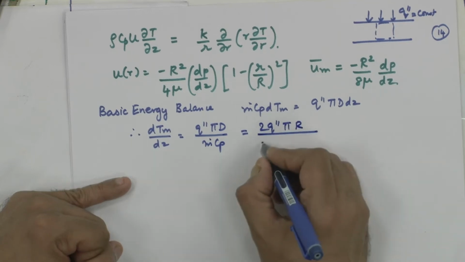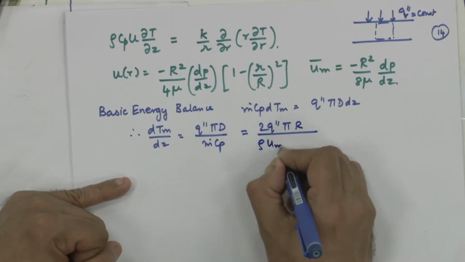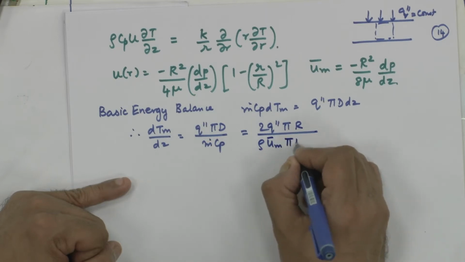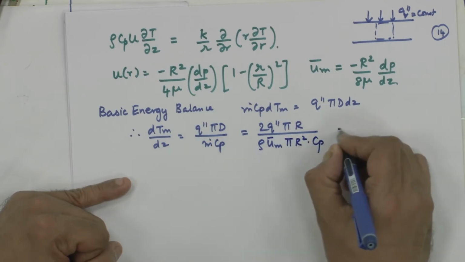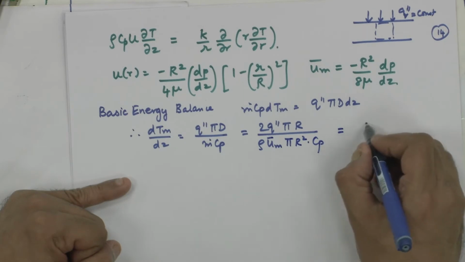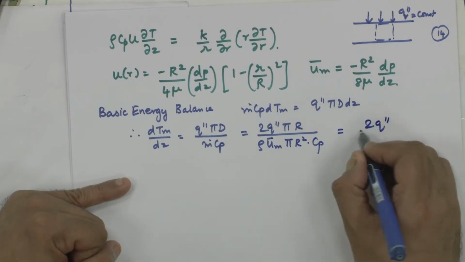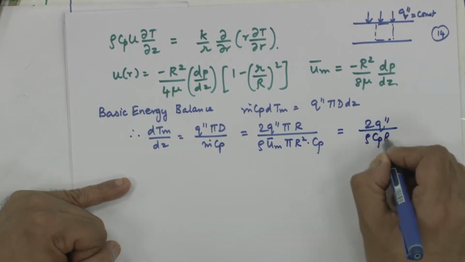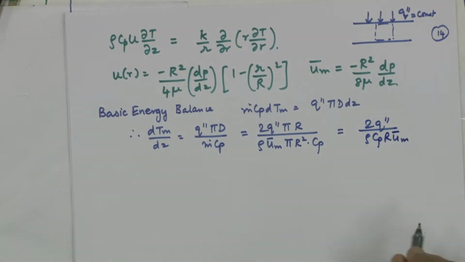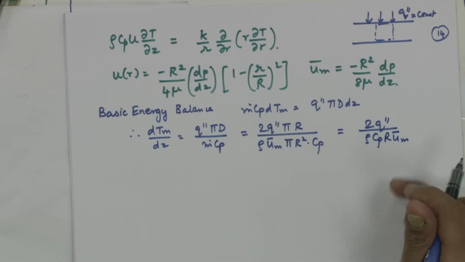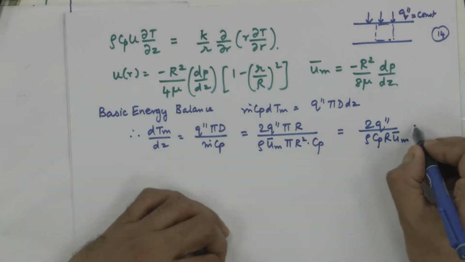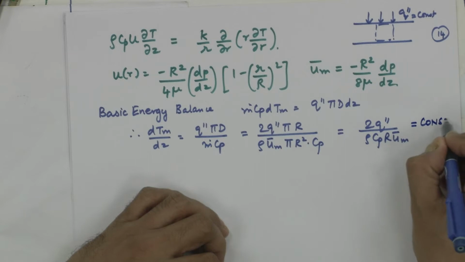M dot was nothing but rho u bulk mean into pi r squared Cp, and this was nothing but 2 q double prime by rho Cp r into um. And we said that this whole quantity, because heat flux is a constant, diameter is constant, rho Cp, everything is constant, this whole thing is a constant.